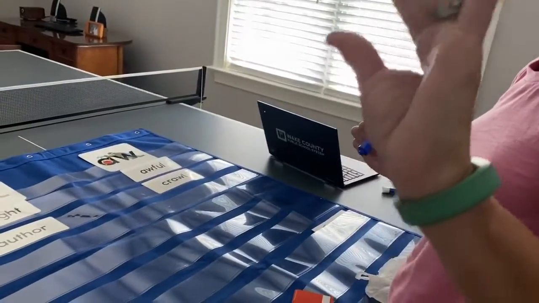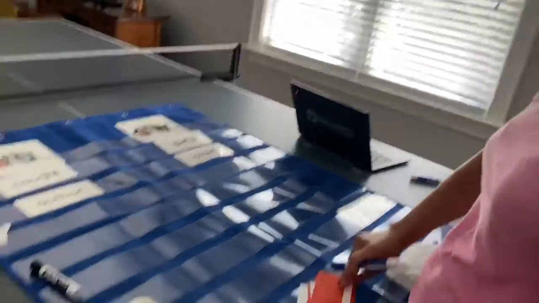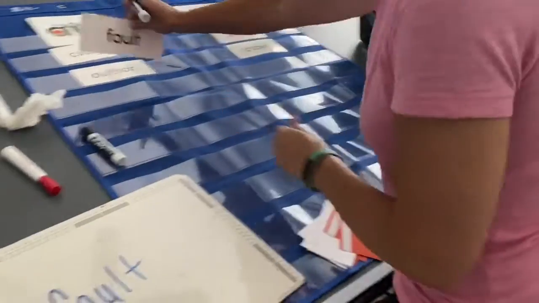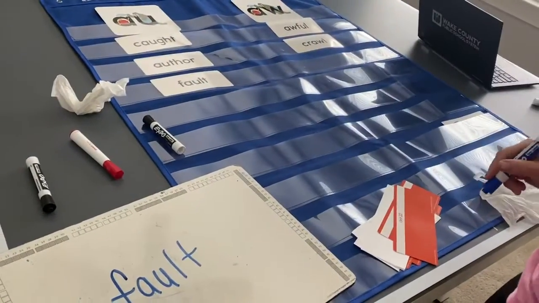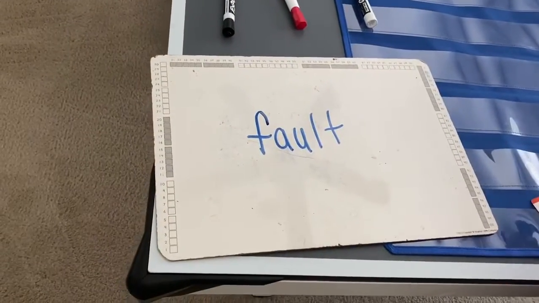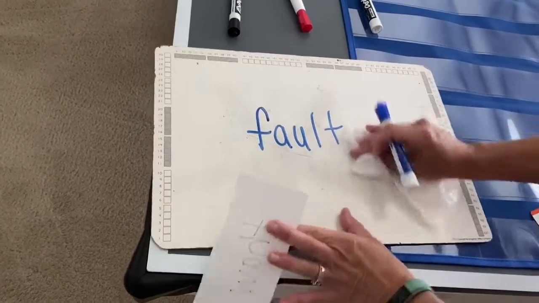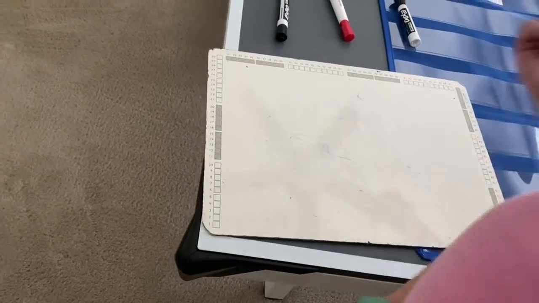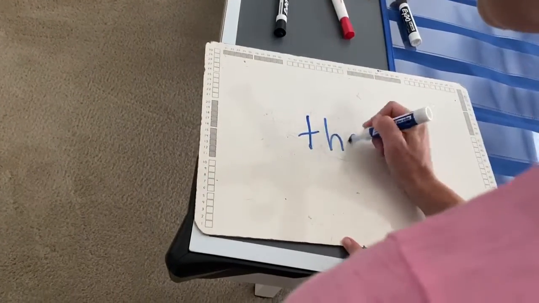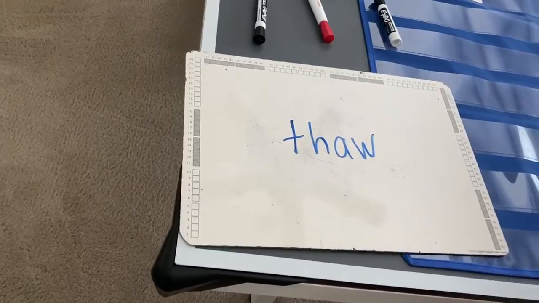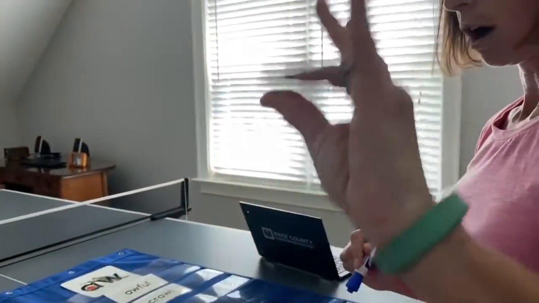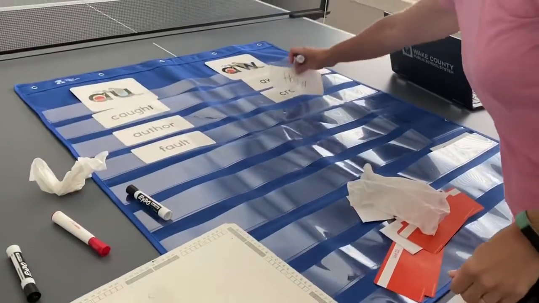Let's tap that out. Fault. Very good. A-U. And then we'll do one more. Do a little extra this week. Let's do T-H-A-W. Let's tap that out. Thaw. All right, so that's going to go in the A-W.